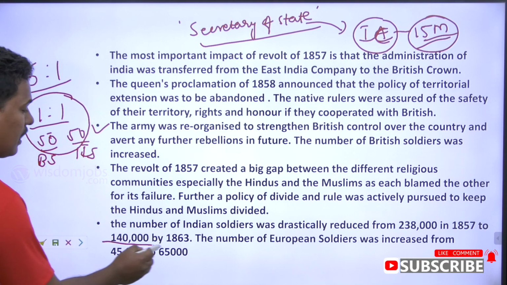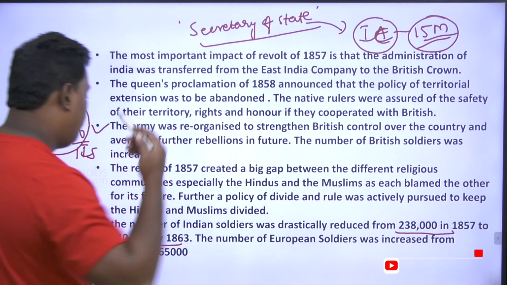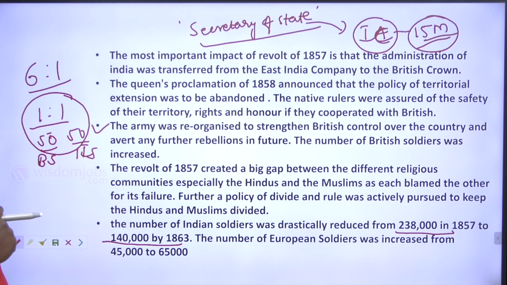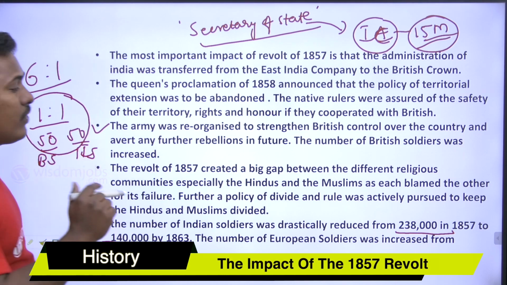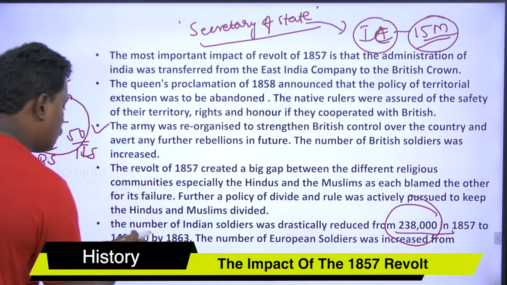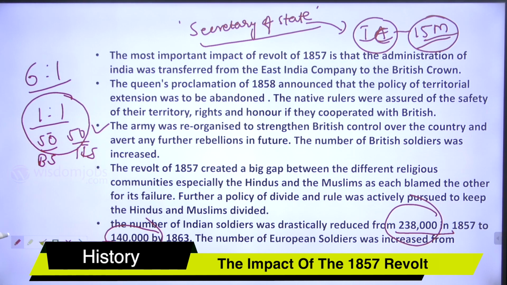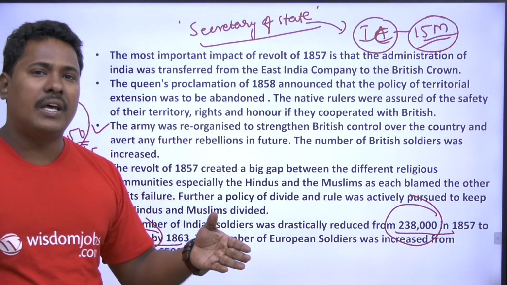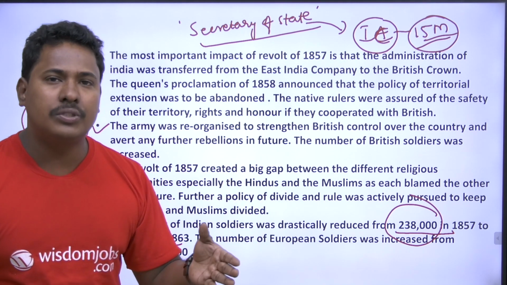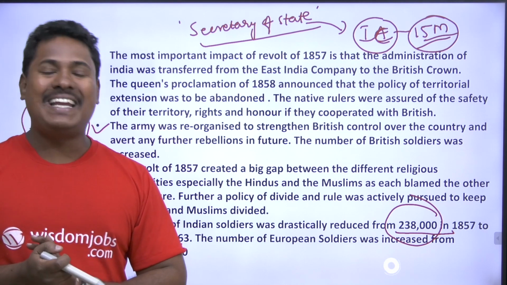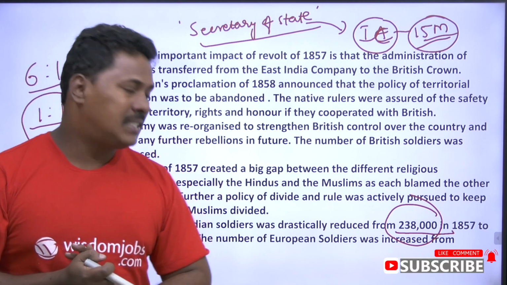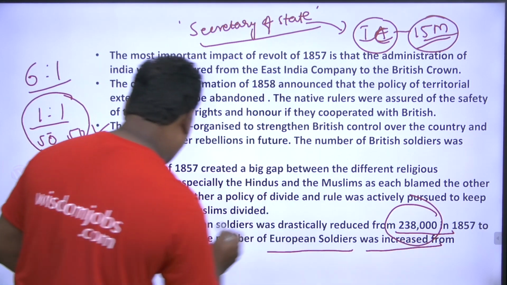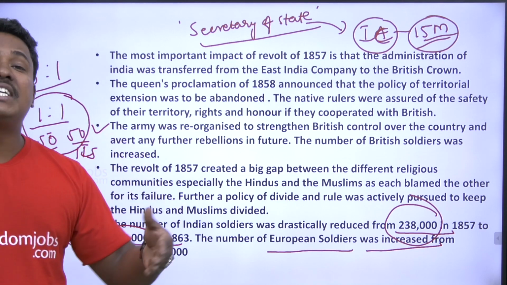Clearly, the Indian Sipais in the British army were reduced from 238,000 to 163,000 by 1863, and the number of European soldiers was increased from 45,000 to 65,000.